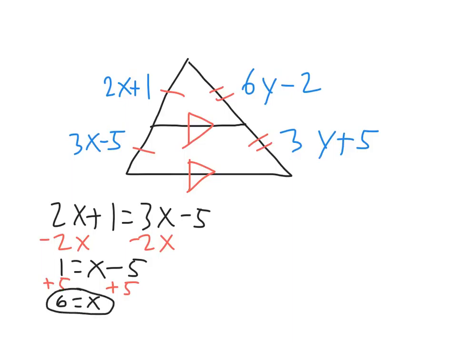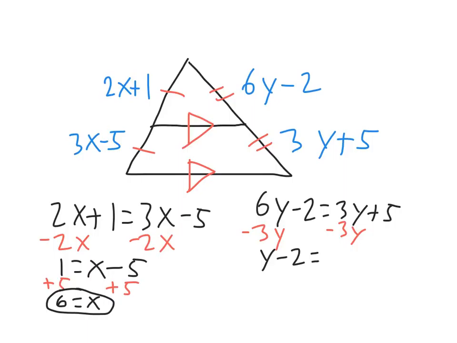So we know x equals 6, and then we can do the same thing to the other side. 6y minus 2 equals 3y plus 5. Subtract 3y from both sides. Gives us 3y minus 2 equals 5.